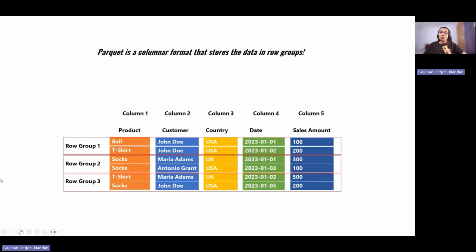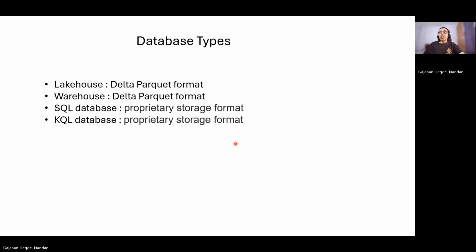This is about the concept of Parquet files. Now, within the Microsoft Fabric ecosystem, as of today, there are in general 4 storage layers available.